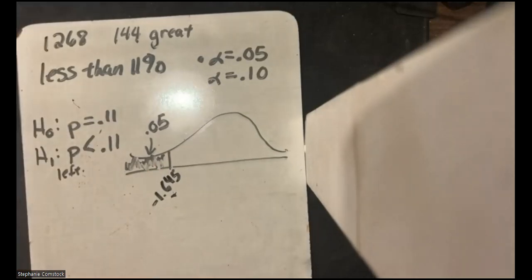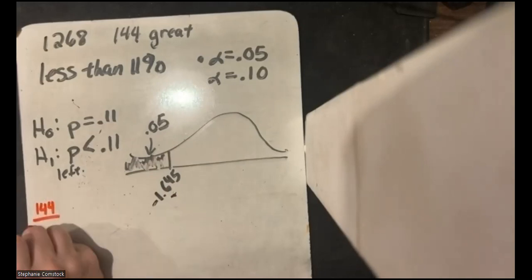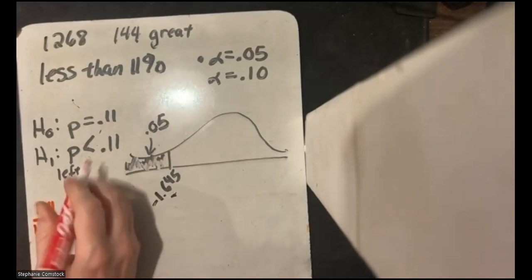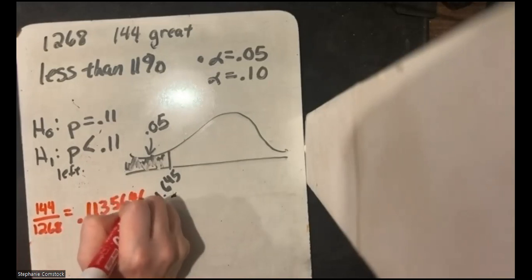So here we go. We're going to find our test statistic. 144 out of 1268 is 0.1135646.